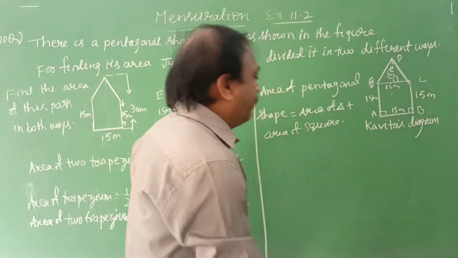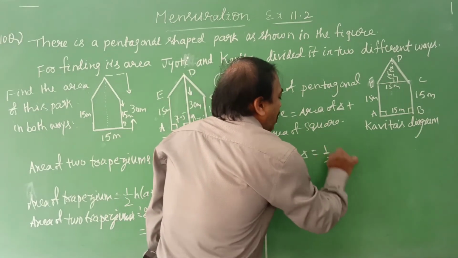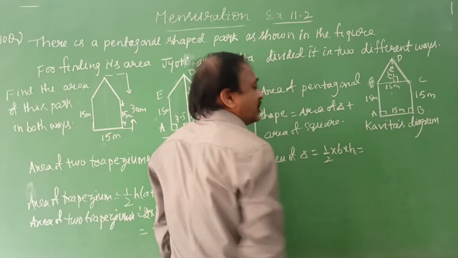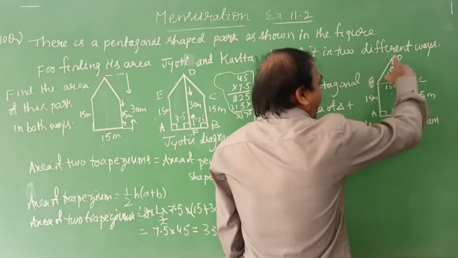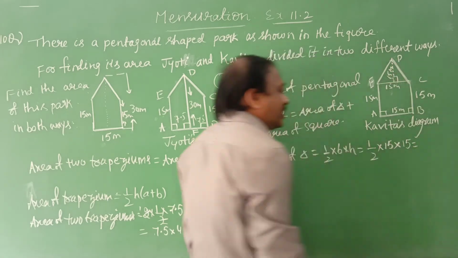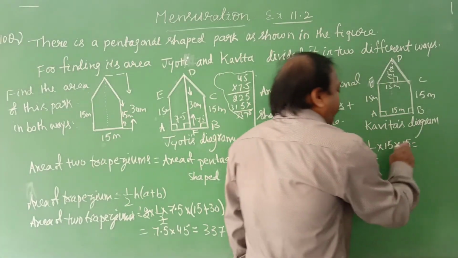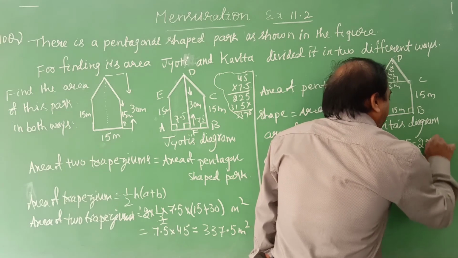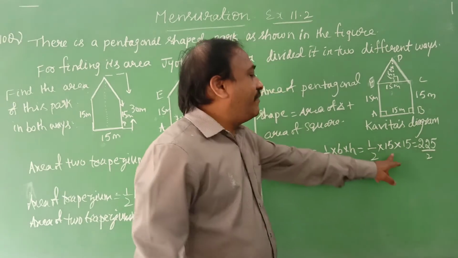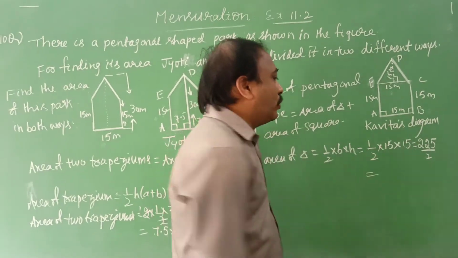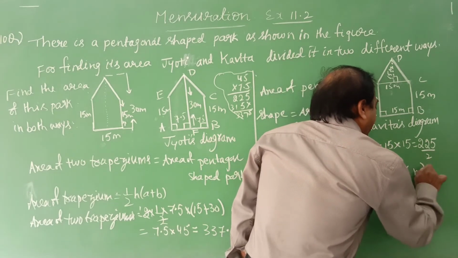We know that half into base into height. So area of triangle is equal to 1 by 2 into base 15 into height 15, which is equal to 15 15s are 225 by 2. If you convert that to division, 225 by 2 is 112.5 meter square.